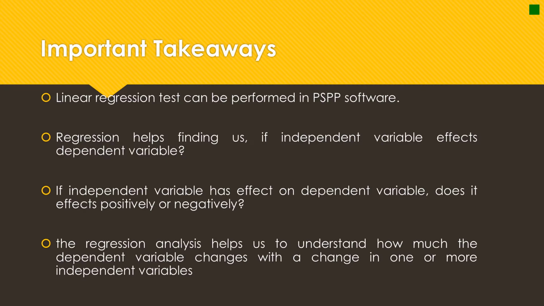If the slope is positive, then an increase in one value will definitely increase the other value as well. But if the slope is negative, then a decrease in the independent variable will increase the dependent variable. The last point is that regression analysis helps us understand how much the dependent variable changes with a change in one or more independent variables.